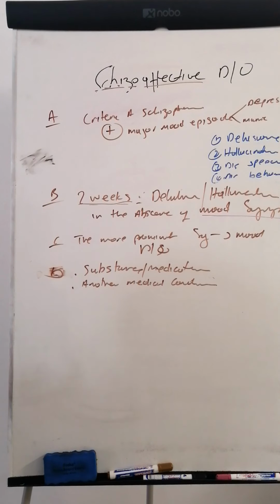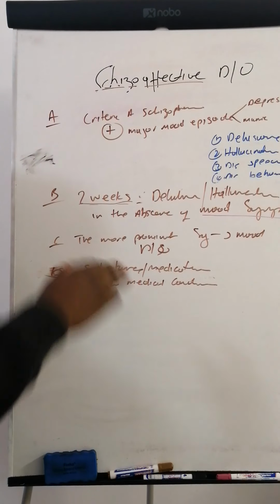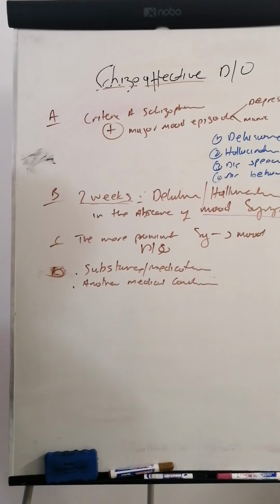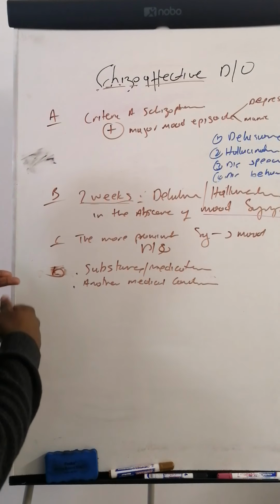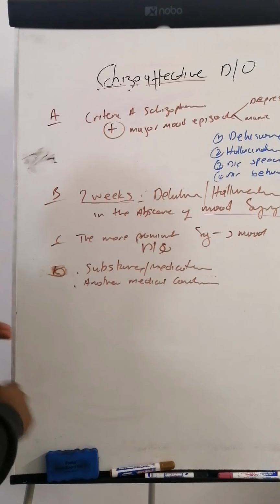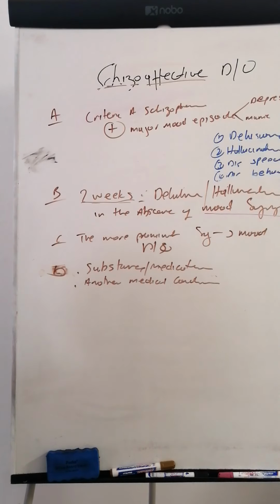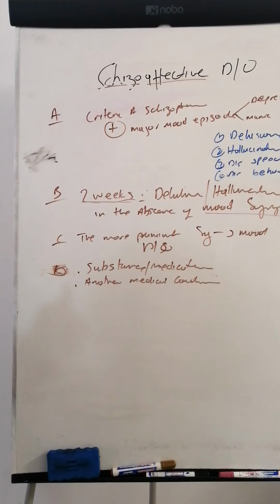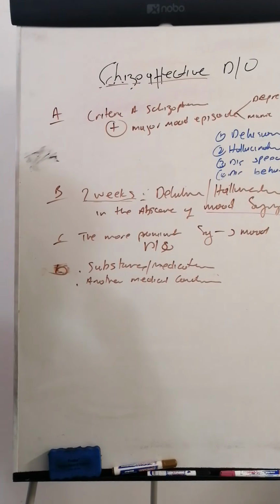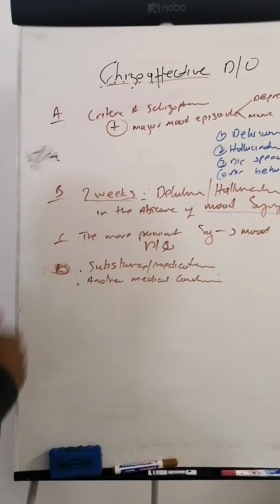Criterion B says that in the entire duration of the illness, you should have 2 weeks whereby you've got delusions or hallucinations in the absence of mood symptoms. Then criterion C says that in the entire duration of the symptoms, the mood symptoms should be the more prominent ones.